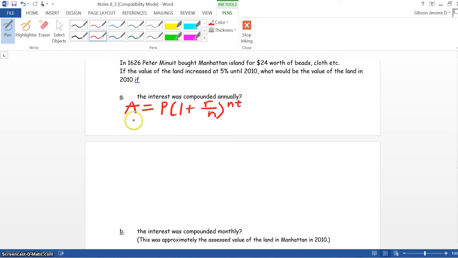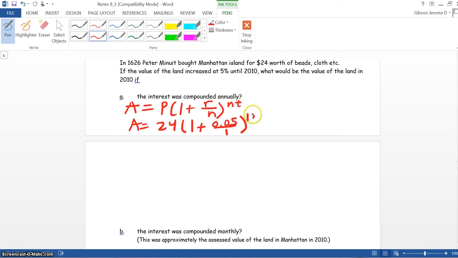So now we will have A is equal to, the initial investment was $24, and we will have 1 plus 5%, and N is the number of periods. It says the interest was compounded annually, so N would be 1, and then we will have 1 times T, which would be the time.